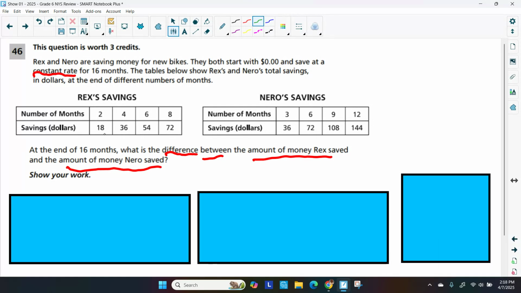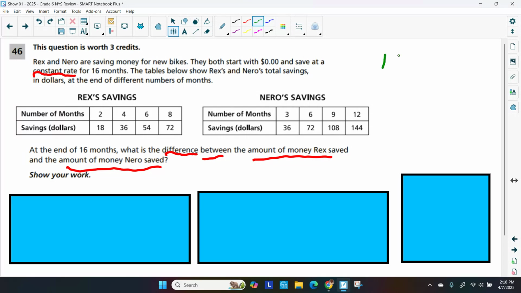In 2 months, he saved $18. 4 months, 36. We're looking for a constant pattern. 6 months, 54. 8 months, 72. So what is he saving in 1 month would be a good question.